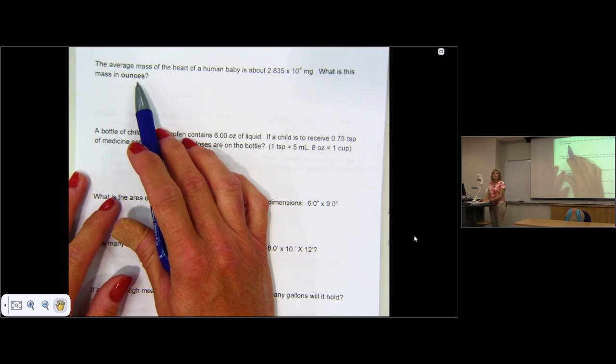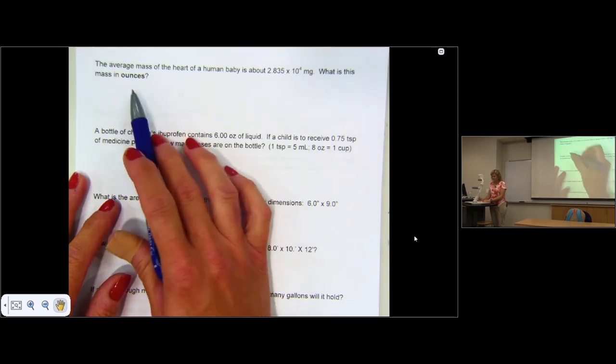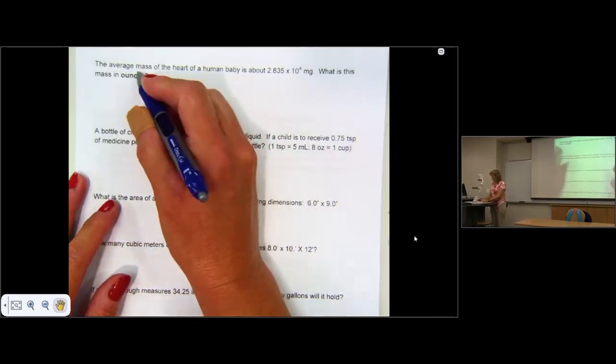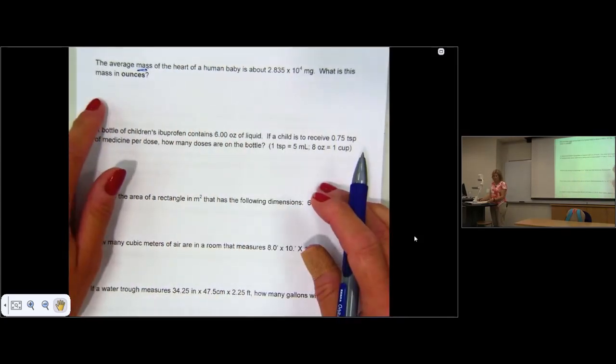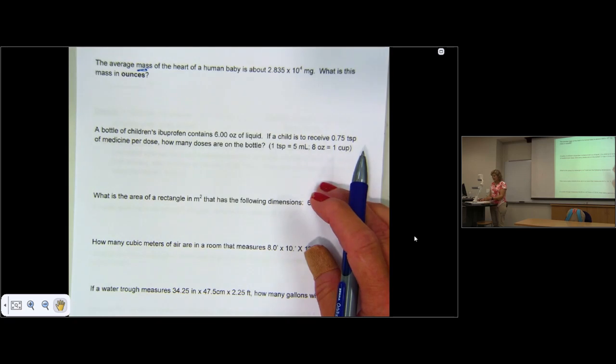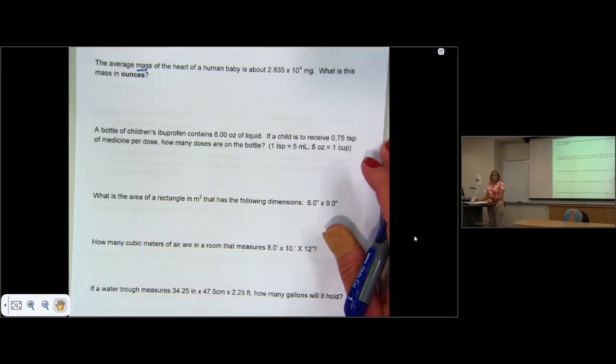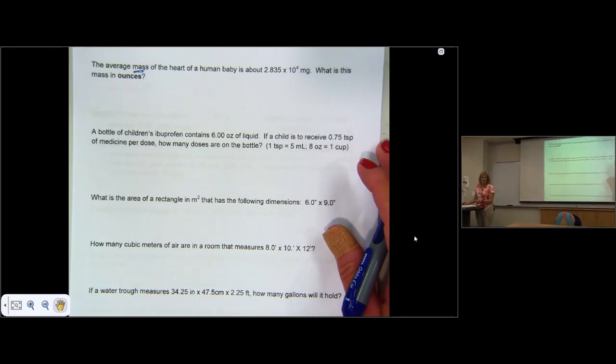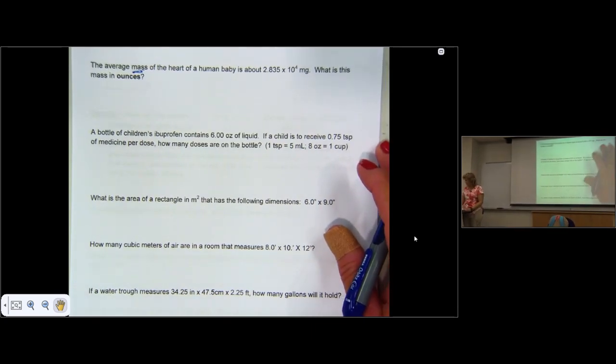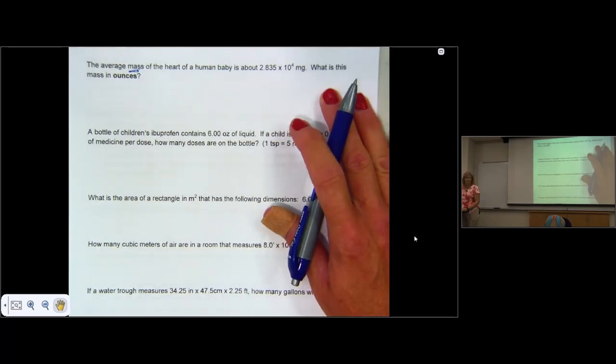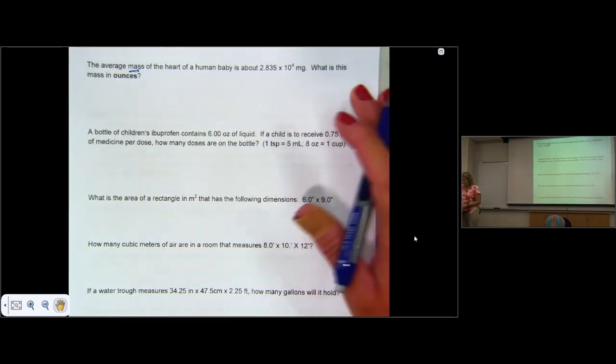Yes. Does the ounce and milliliter scenario, is that where you want to go? No. So make sure you understand the difference. This is talking about mass. And there's several ways you could do this. You could do it with your pounds to kilograms. Then there's tons of ways you could do this one. I say tons. There's 2 or 3 ways immediately that I know to do this. The answer key, I'm not sure how many ways I did it on the answer key, but the answer should be very similar each time.